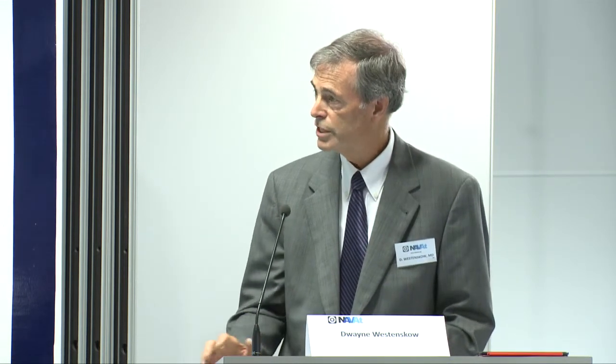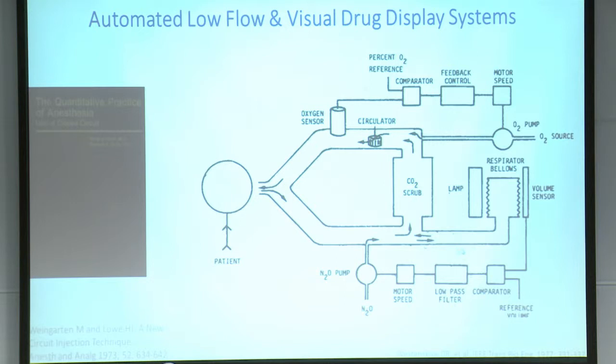In those days, they were using a closed circuit. In the closed circuit, the patient's exhaled gas moves into the bellows of the circuit. When the bellows is depressed, the gas moves back through the CO2 absorber and back to the patient again.